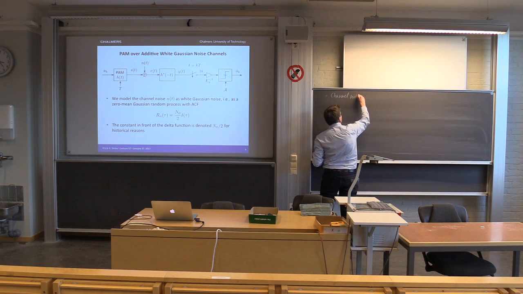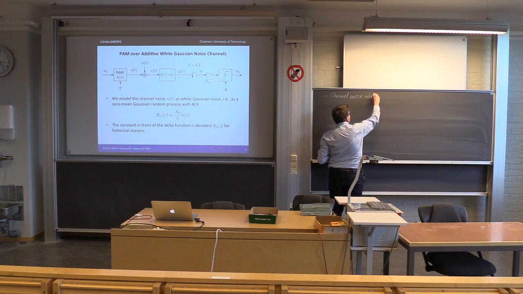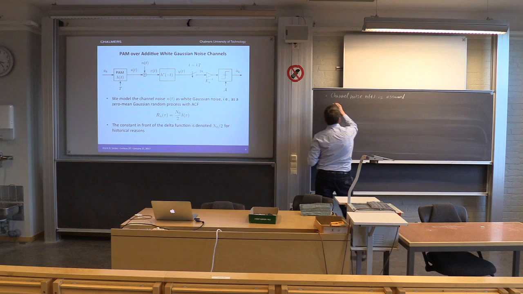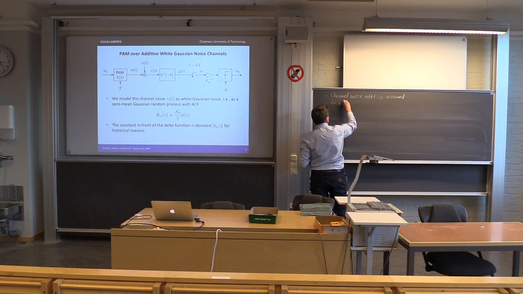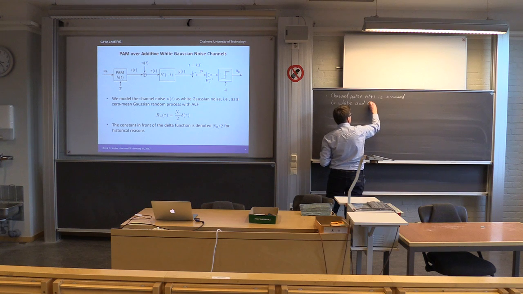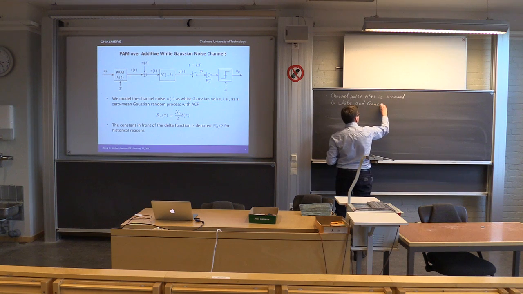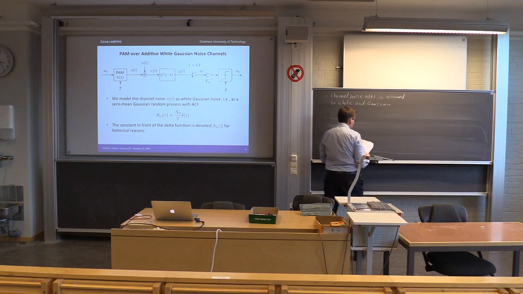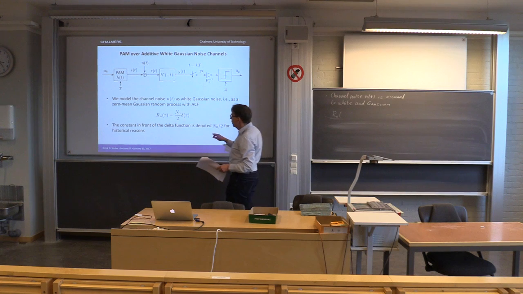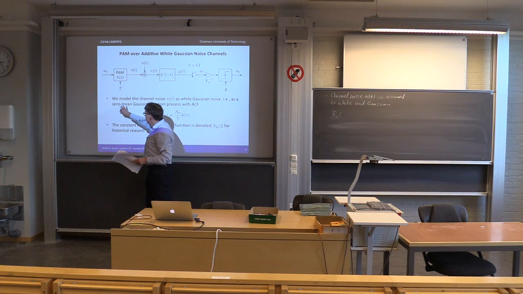So the channel noise, N of t, is assumed to be white and Gaussian. In particular, that means that it's a zero mean process, so there is no average.